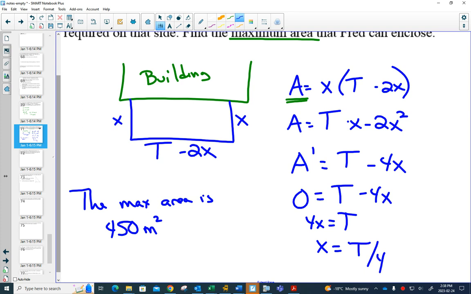and what that means is that to find the maximum area in this situation, whatever your total is, this side will always be 1/4. So if you started with 100, it'll be 25, 25, and 50. If you started with 200, it would be 50, 50, and 100 will give you the maximum area.